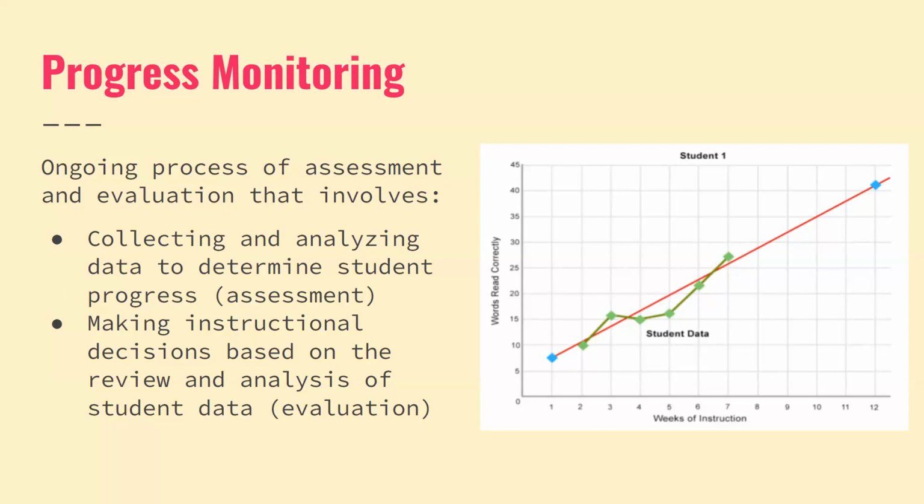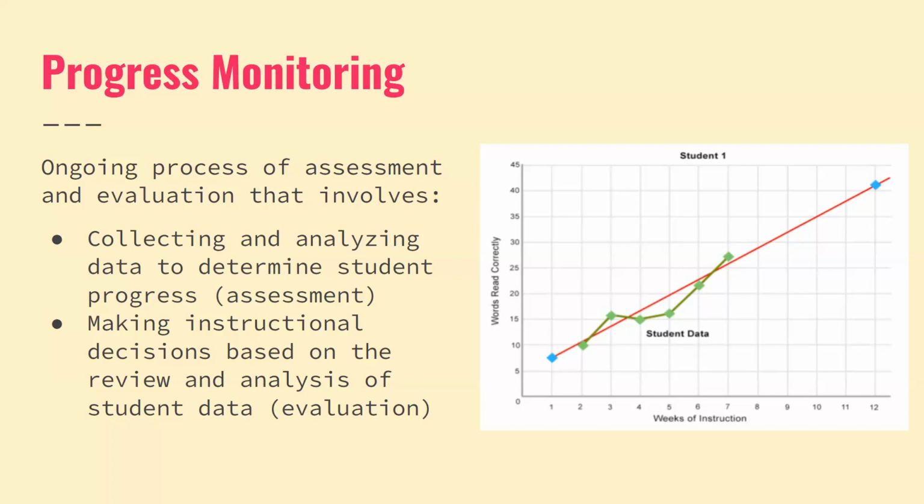So we are taking 2 of those components we just discussed, assessment and evaluation, to think about the progress that students are making. Teachers are continually using assessment data to evaluate student progress and make instructional decisions based on that data.